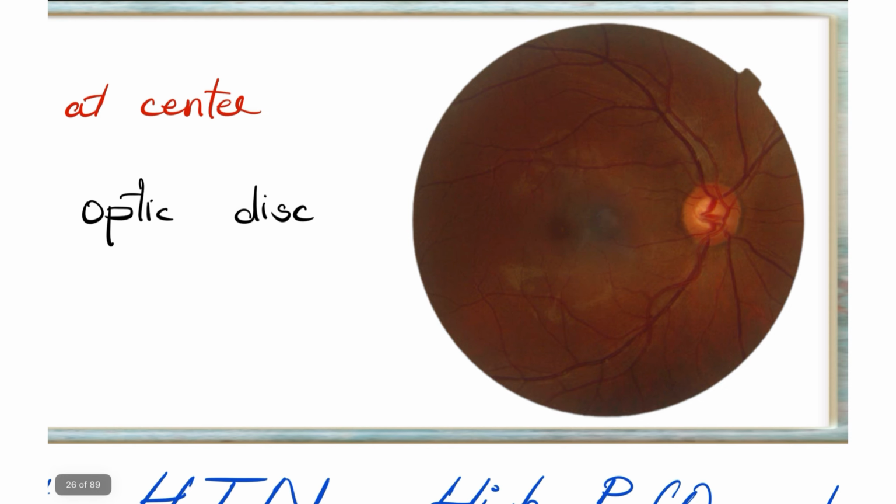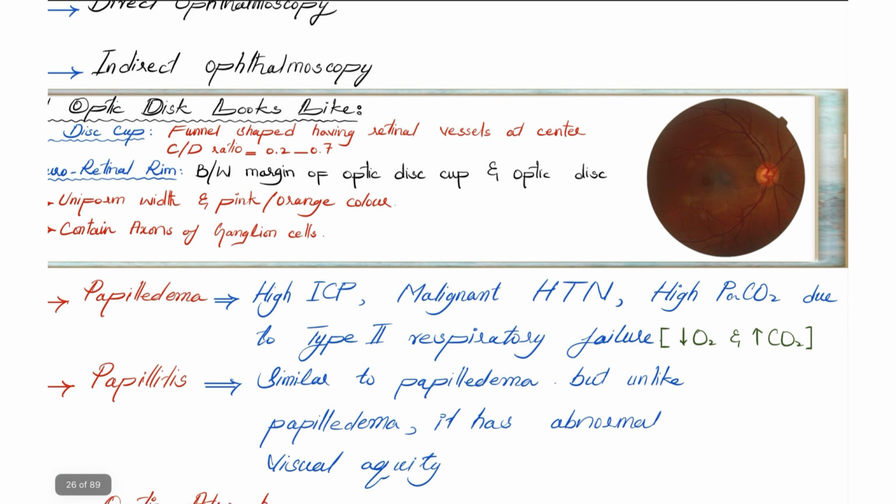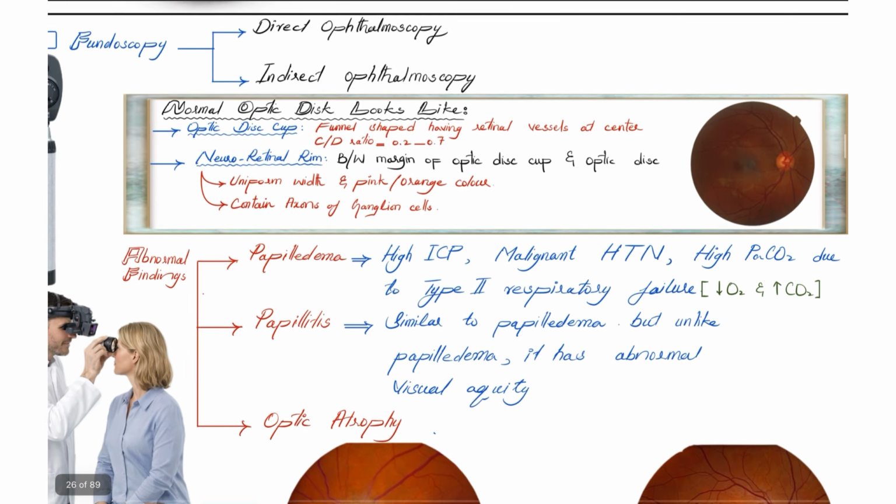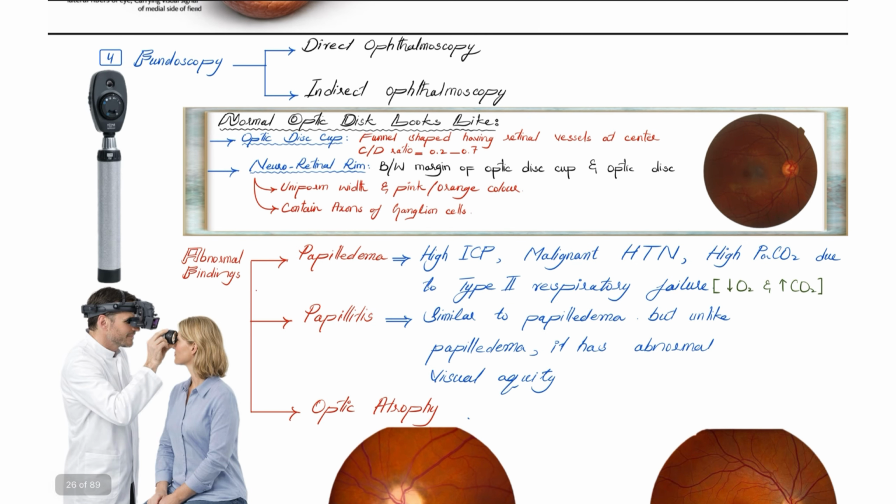Now, abnormalities that you may find in the optic disc are papilledema, which is caused by high intracranial pressure, malignant hypertension, or high partial pressure of carbon dioxide due to type 2 respiratory failure. Type 2 respiratory failure is also called hypercapnic respiratory failure. Why? Because there is low oxygen, meaning hypoxemia, but there is a high level of carbon dioxide, meaning hypercapnia.